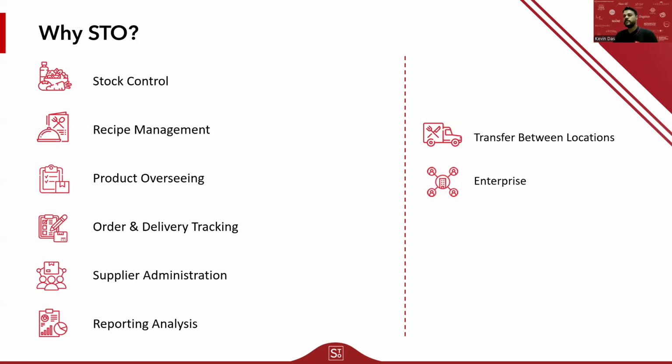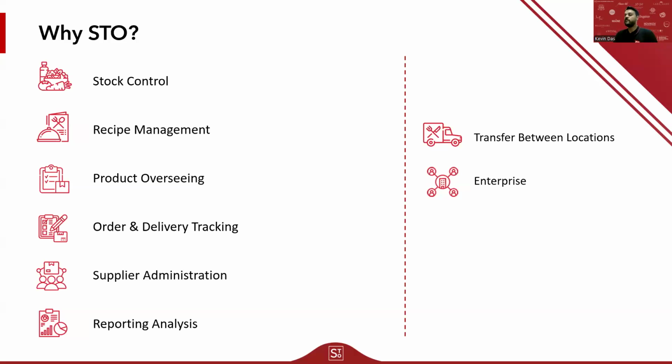Then the third feature is product overseeing, which is what we are going to buy, what we have in stock, and what needs to be ordered or reordered. Then we have ordering and delivery tracking, a convenient way of tracking all our pending orders or what is going to be delivered, and the status, in case we want to make some edits to our purchase orders.